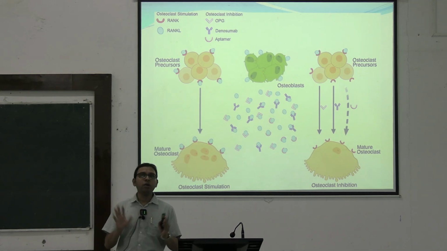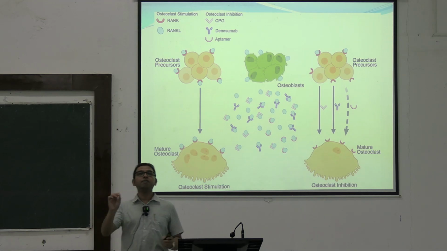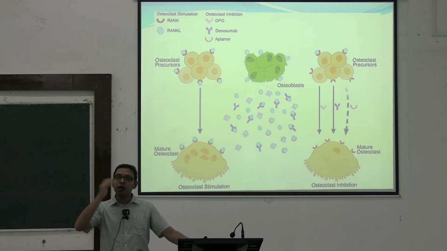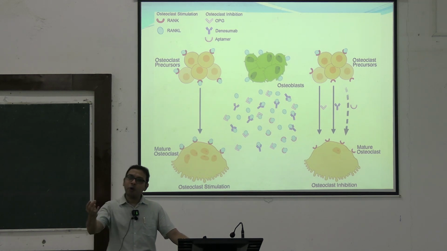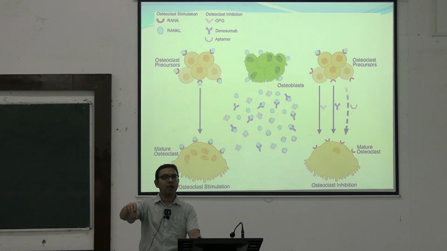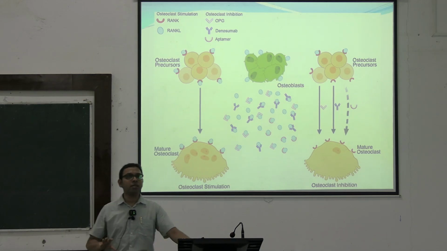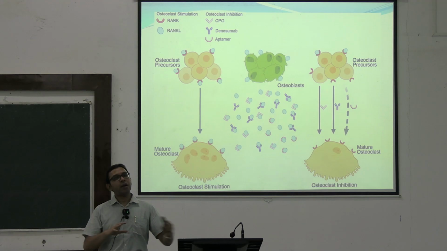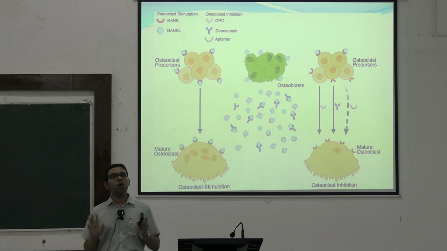Physiologically, when we do not need the bone resorption, the physiological antagonist is osteoprotegerin. Osteoprotegerin is a protein that is present in our plasma in a minute amount. This osteoprotegerin binds with the RANK ligand, so that it cannot bind with the RANK on the osteoclast cells. So that's why the osteoclastic activation will not happen.